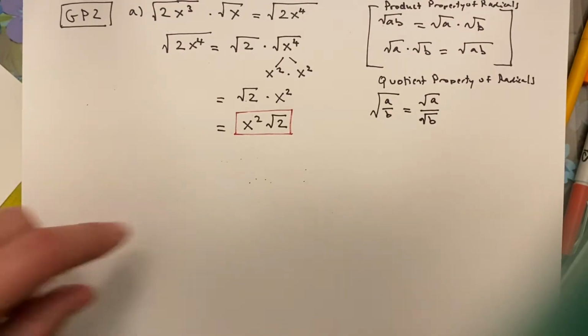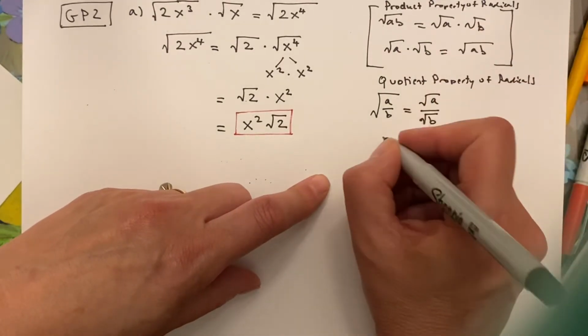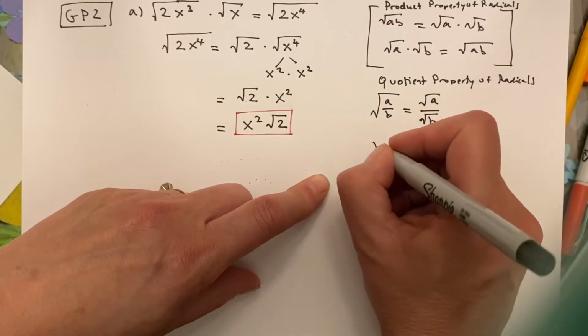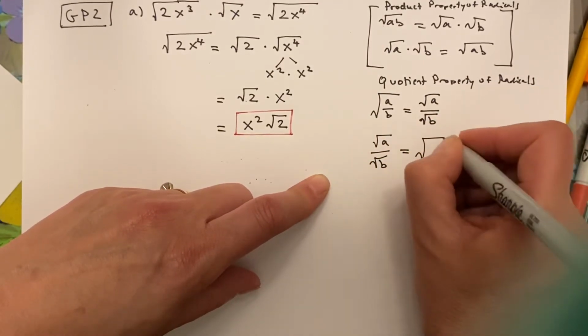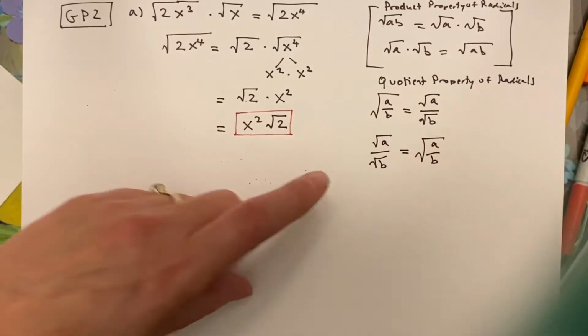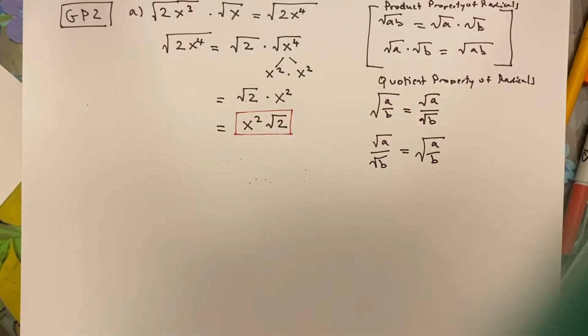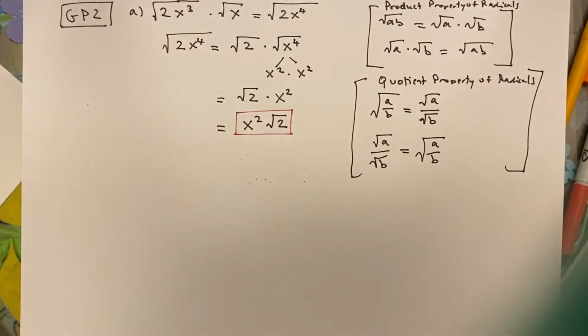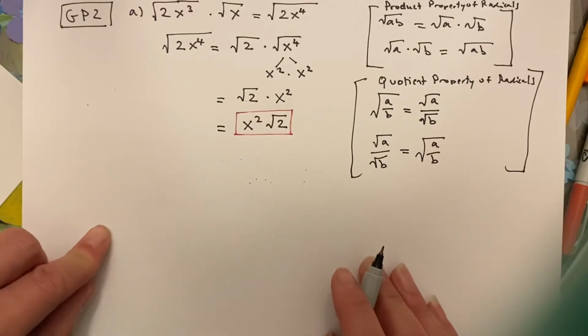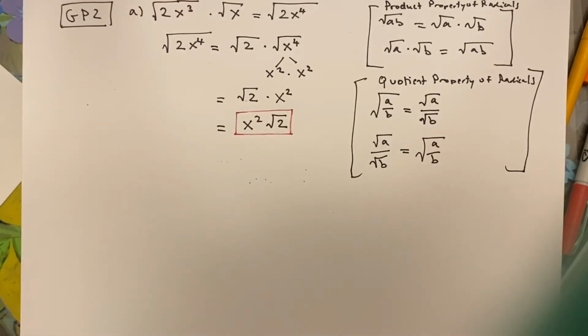It is understood that the reverse is also true, that the square root of A over the square root of B equals the square root of A over B. Okay, this is important, and we're going to use it quite a bit. So let's just do a couple of examples.